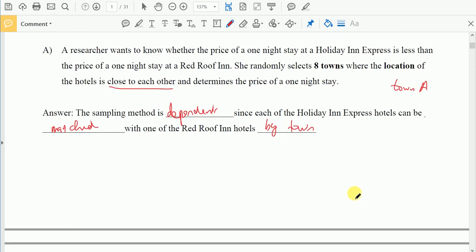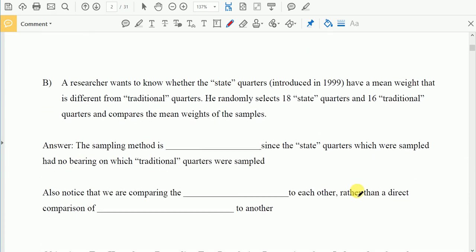Now consider the next case. A researcher wants to know whether the state quarters introduced in 1999 have a mean weight that is different from the traditional quarters. So they want to compare the weight of the state quarters and the traditional quarters. Now he randomly selects 18 state quarters and 16 traditional quarters and compares the mean weight of the samples.